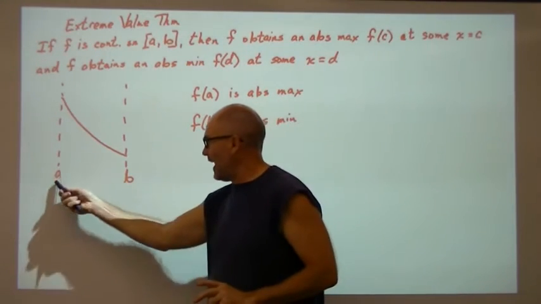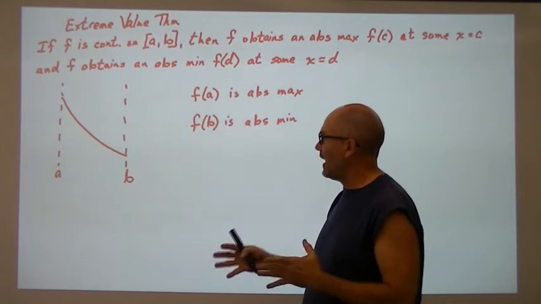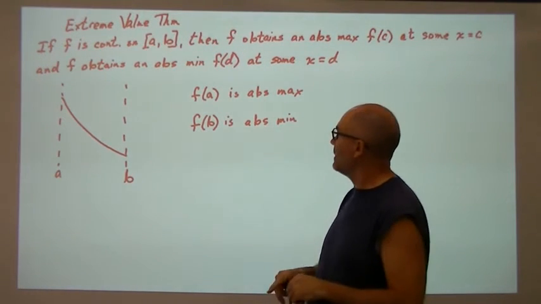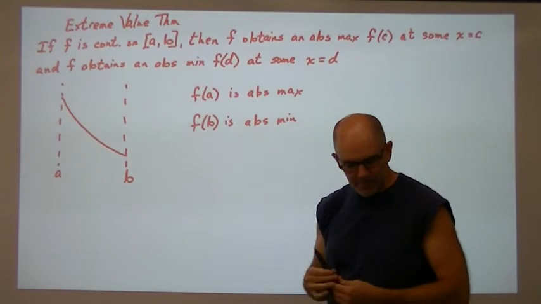It goes from A to B. It includes A, f of A, and B, f of B. So that means f of A is the absolute max, f of B is the absolute min.